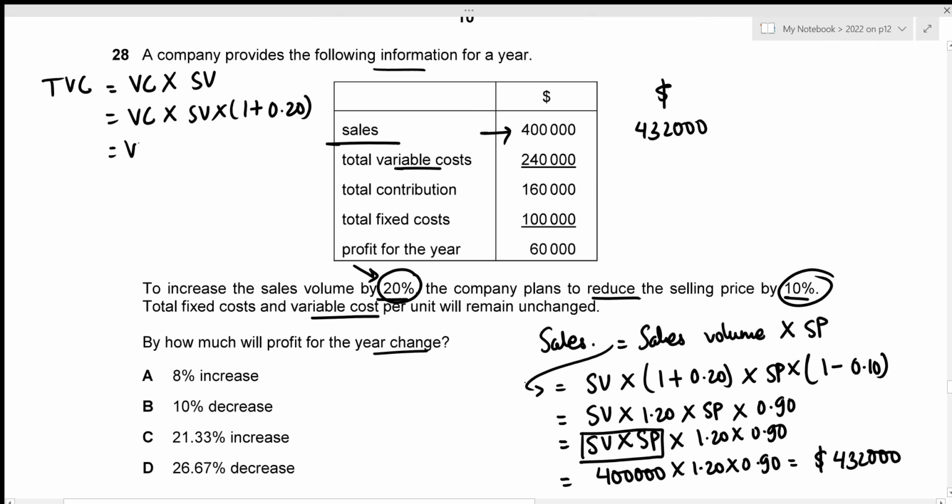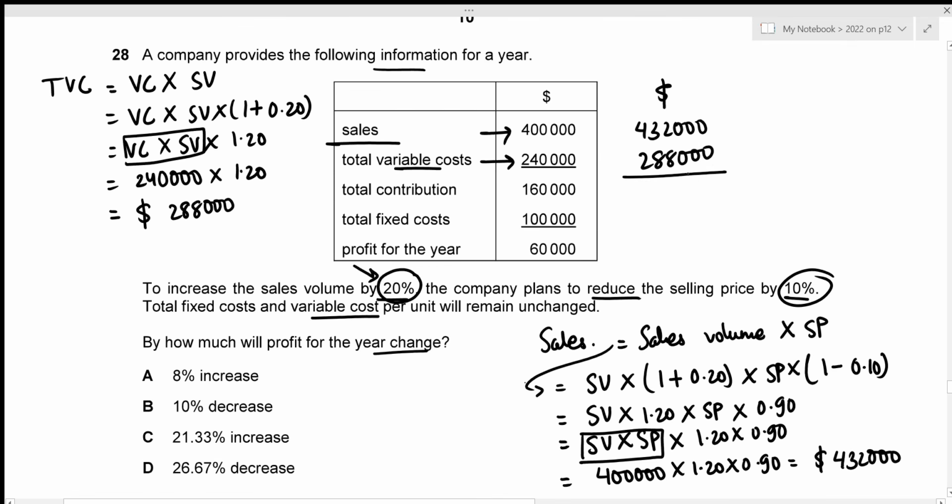So that's going to be variable cost times sales volume times 1.20. But we know that variable cost times sales volume gives the previous total variable cost of 240,000. So we can just substitute this amount. That's going to be 240,000 times 1.20, which results in the new total variable cost to be 288,000. Let's substitute this amount.